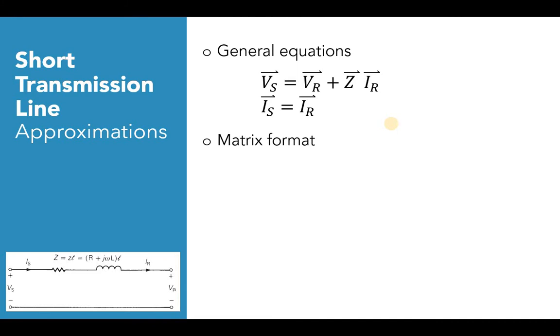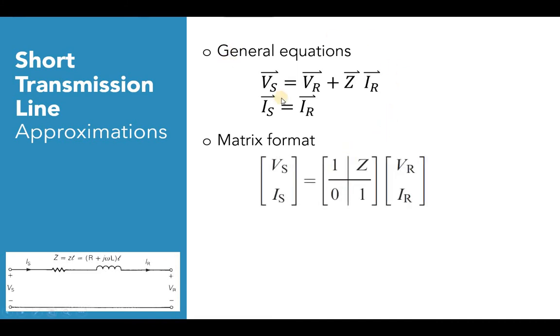Now, in matrix format, we can observe that from these general equations, A here means 1 and your B here is Z. Okay? Remember the general equation and the matrix format of the general transmission line model. So we have here, diba, the A, B, C, D. From the derived general equations of short transmission lines, we can see that your A here, which is associated with VR, is 1.